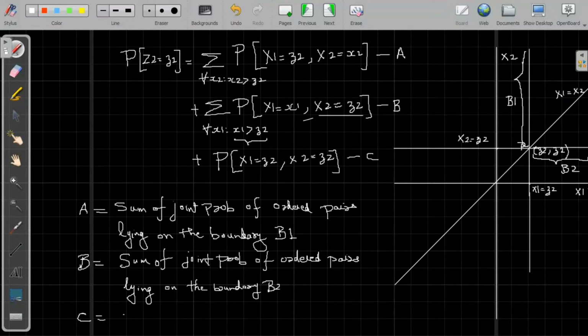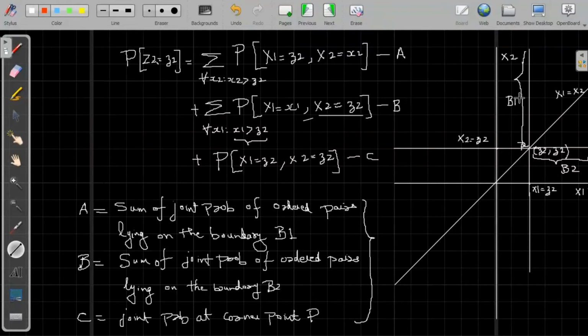So it is equal to the joint probability at the corner point, this corner point P. So if I combine all these three cases, you can see that probability Z2 is equal to small z2 is nothing but the probability that x1 and x2 lie on the combination of B1, B2 and point P.